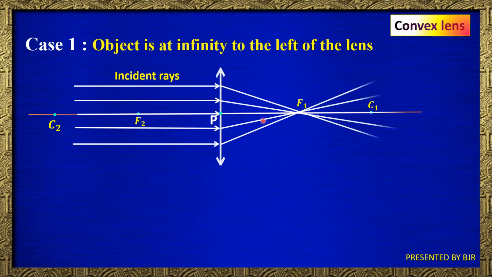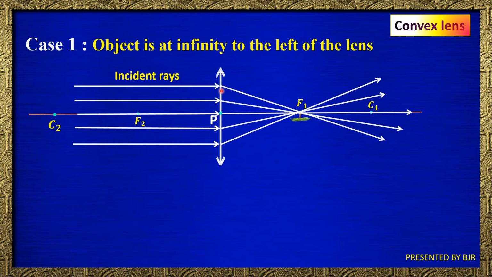See here, all these refracted rays are crossing one another at the focal point. That means wherever the refracted rays cross one another themselves, at that point the image will be formed.